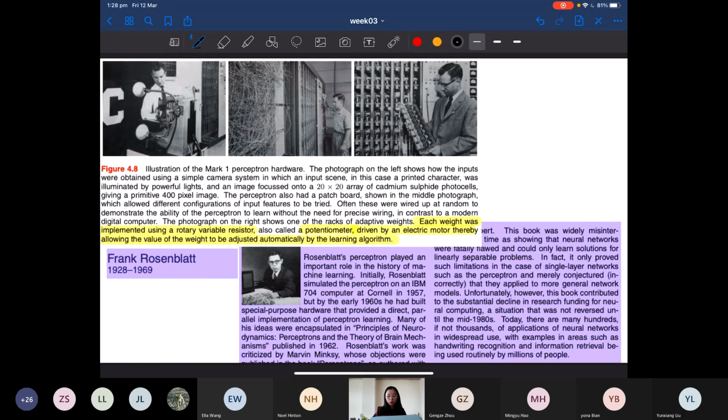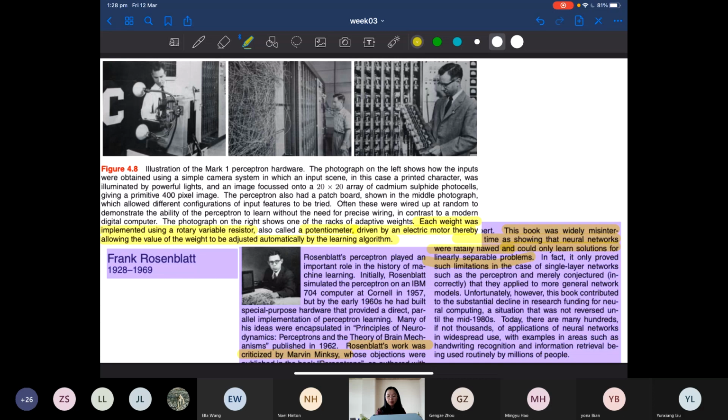Another historical note: Rosenblatt had an academic debate with one of the pioneers of AI, Marvin Minsky. His objection was that perceptron cannot classify XOR patterns, which you will be able to do in your homework. Minsky and others wrote a book, and the book was misinterpreted at the time as showing that neural networks or perceptrons were fatally flawed and couldn't learn much.